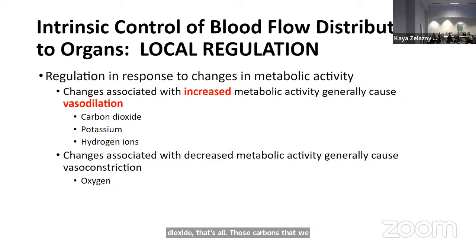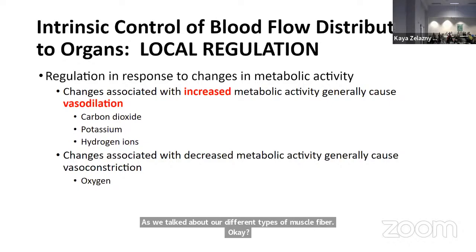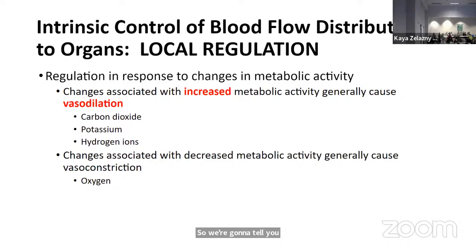Yeah. So this happens at your sort of organism level, but it is also happening in specific tissues at different rates. Okay. We thought a little bit about variations to that as we talked about our different types of muscle fibers. Okay. So what we're going to tell you now is that when we increase metabolic activity, any kind of byproducts that we create that indicate that increase are usually going to cause vasodilation.